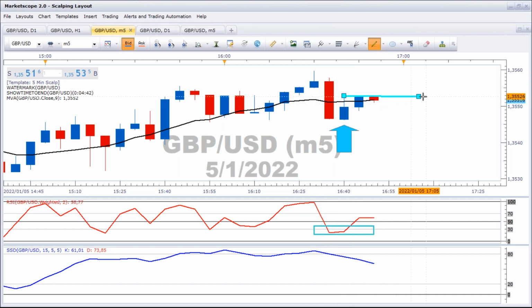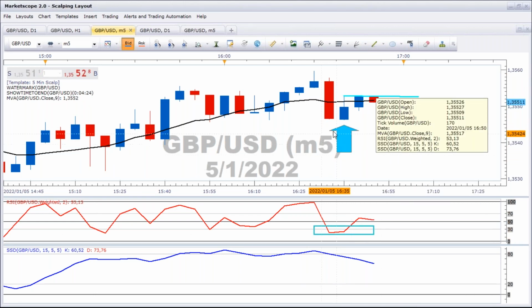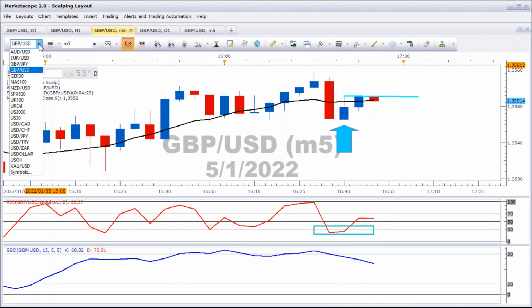Let's move this across here. Okay, so we'll test now to see if we get a reversal. Just want to go back to that US 2000.